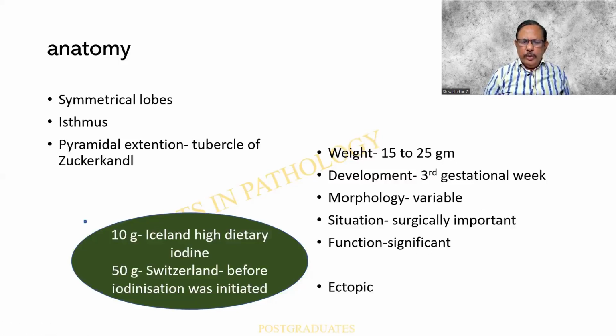All of us know about it. Sometimes when there is a high dietary iodine, the weight can be reduced, and before iodinization was initiated, it was as much as 50 grams in countries such as Switzerland. Ectopic is one which develops in the pathway of embryogenesis. Whereas if it is outside this, it is called aberrant.